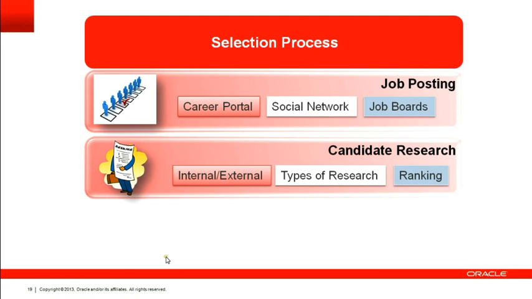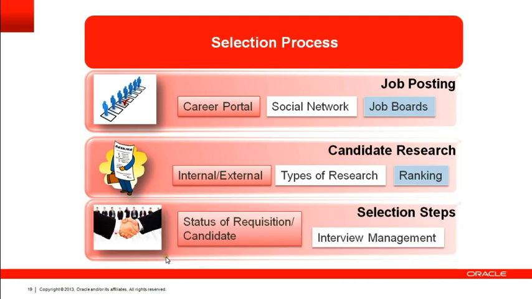Using those questions we will give a number in terms of matching value between the job description, the profile that we are looking for, and the different candidates. And at the end, we will see the real selection process with the different statuses of requisition and candidates, and then how to better manage the interview step.